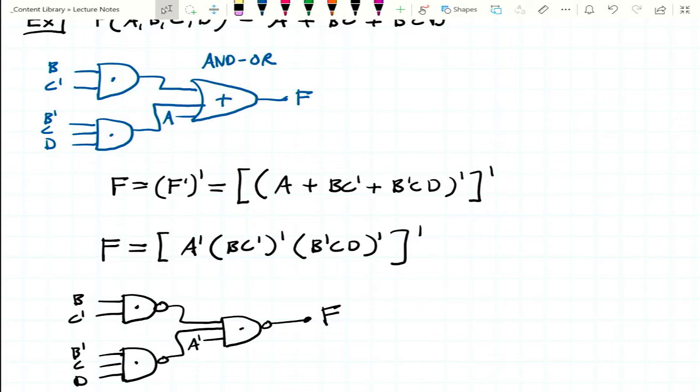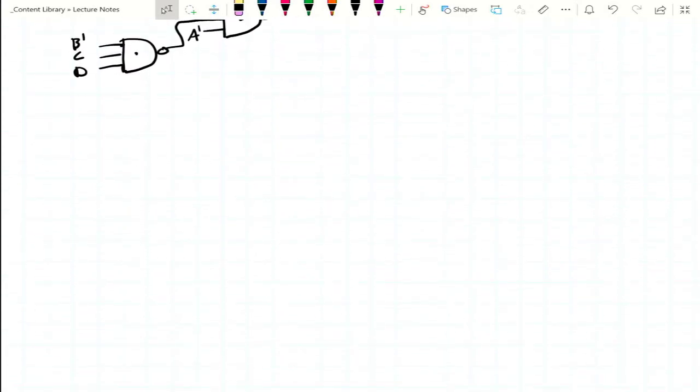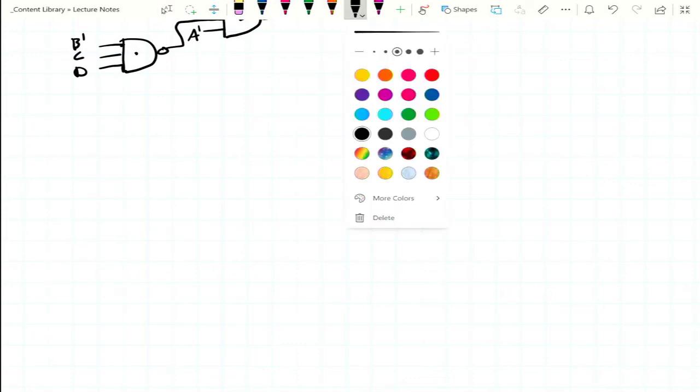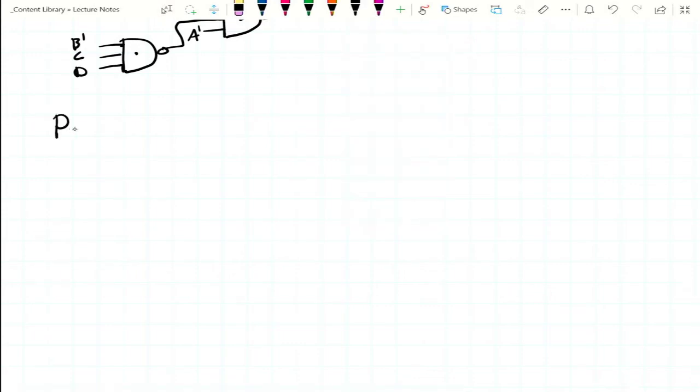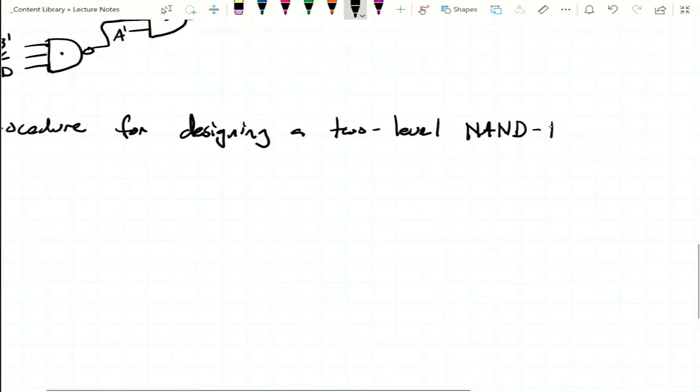Okay, so let's quickly jot down the procedure, because you don't actually need to do the Boolean algebra in order to make this switch. I'm going to call this procedure designing a two-level NAND gate logic circuit.